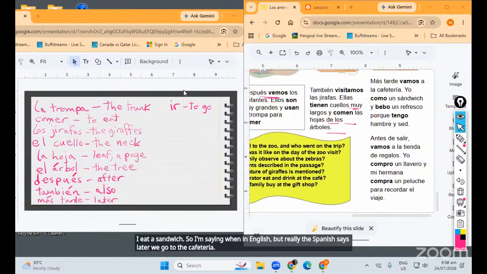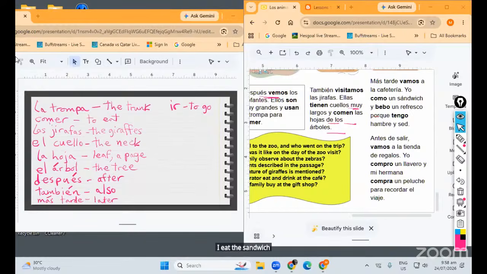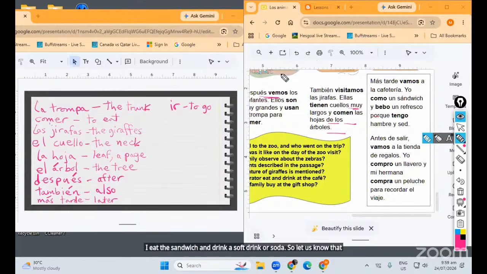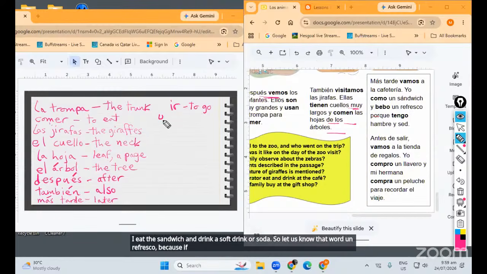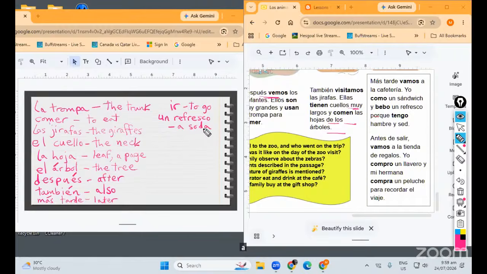I eat a sandwich and drink a soft drink or soda. So let us know that word, un refresco, because if you ever have to do restaurant dialogue, you probably have to order a refresco, right? A soda, soft drink, sweet drink, fizzy, bubbly, gassy drink.